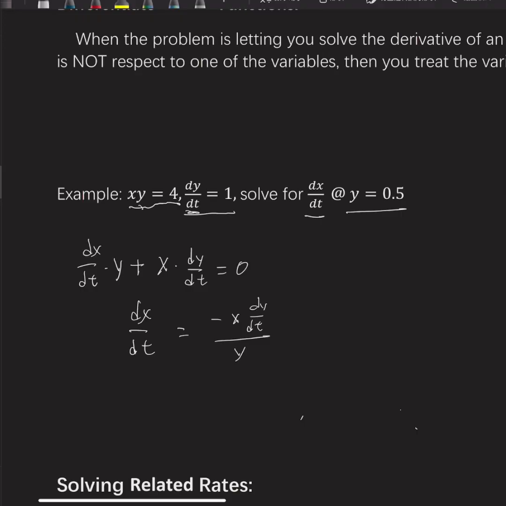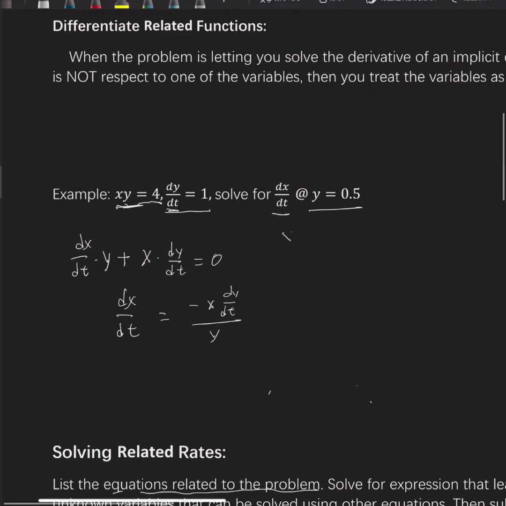We know what y is. We know what dy/dt is, but we don't know what x is. So we have to solve for x in the original implicit equation. xy equal to 4. We know that x multiplied by 0.5 is 4 because y is equal to 0.5. So x equals 8.